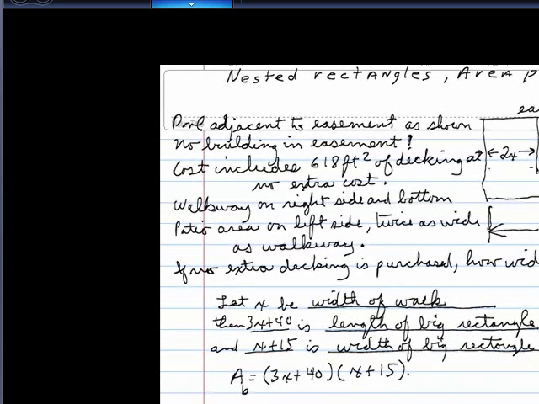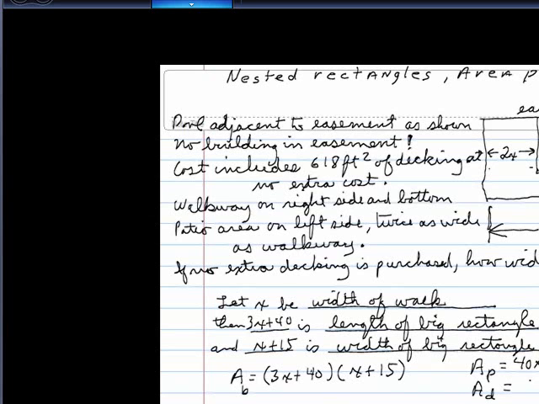Now there's a second way we could write the area of the big rectangle. We know what the area of the pool is. The area of the pool is 40 by 15, which is 600 feet. And we also know the area of the decking.